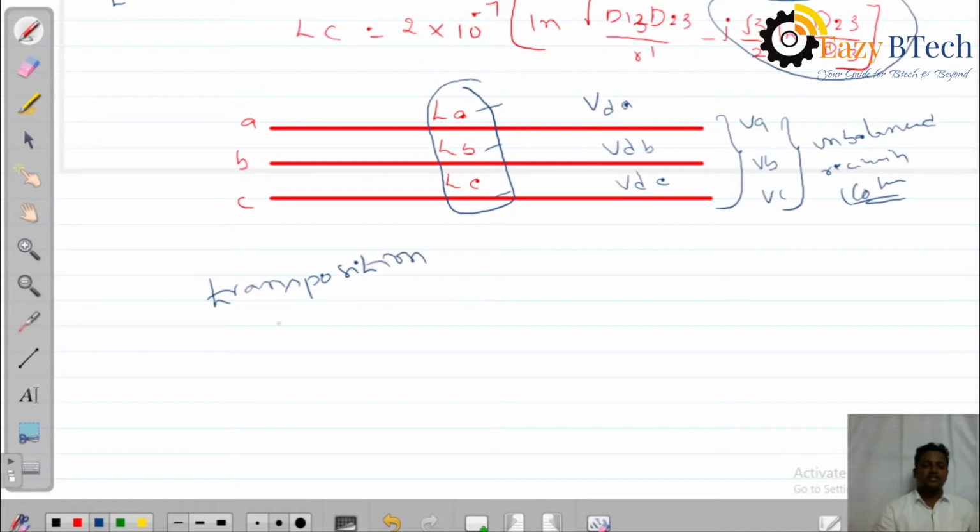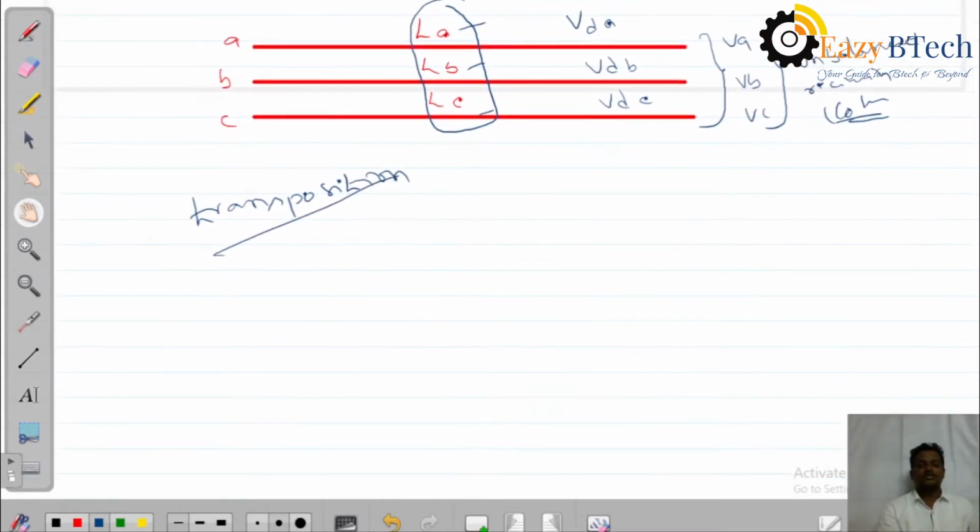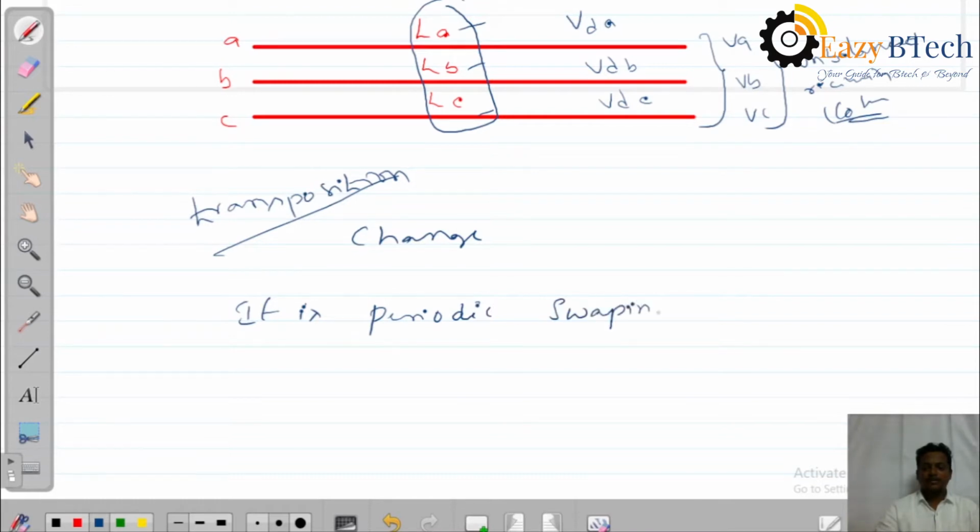Transposition, the name indicates that it is changing the positions. The meaning of transposition is to change the positions of the conductors. To define it: transposition is the periodic swapping of the positions of the conductors of a transmission line.